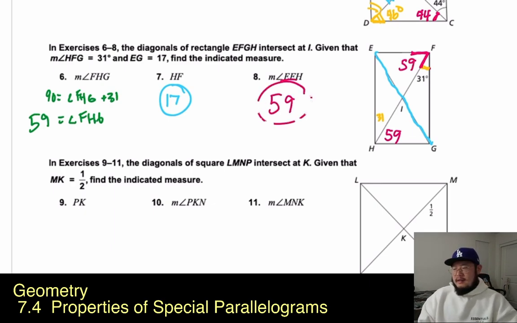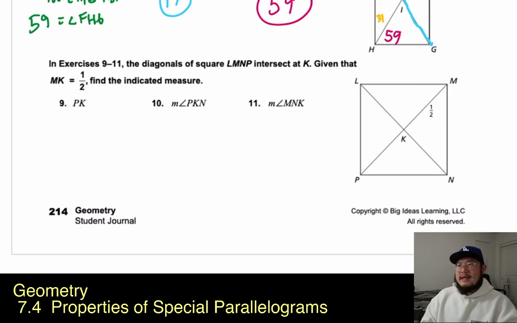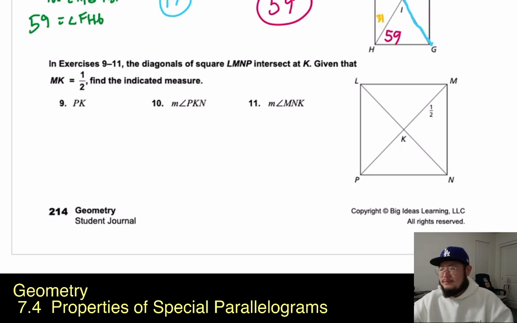All right, and then lastly, let's take a look at some of these characteristics of a square. So we have the diagonals of a square, LMNP, intersect at K. Remember, in a square, it has characteristics of a rhombus, it has characteristics of a rectangle, and that of a parallelogram. Has the best of all worlds right there. So let's see.